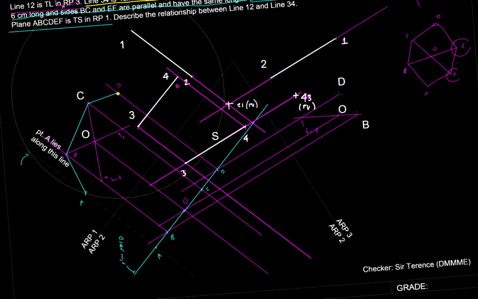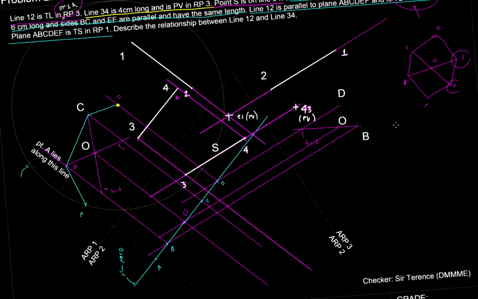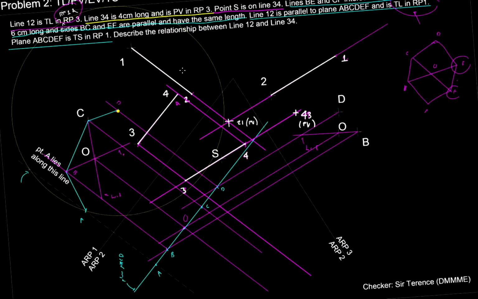Okay. Basahin natin yung ilang instructions, no? Sabi daw, baka may nakalimutan tayong instruction dito. Line ADCM, BC, this is BC and EF are parallel and have the same length.